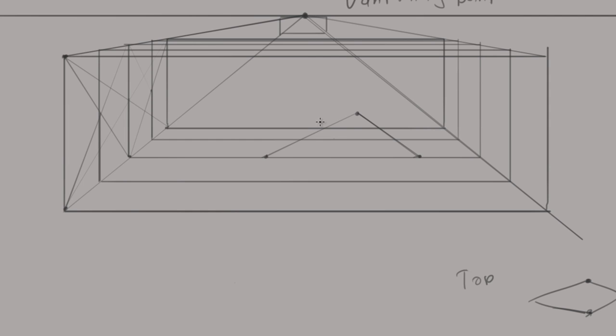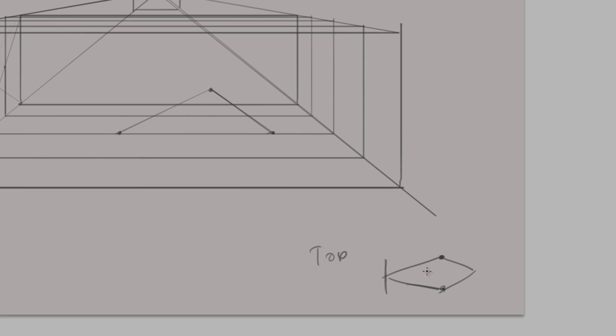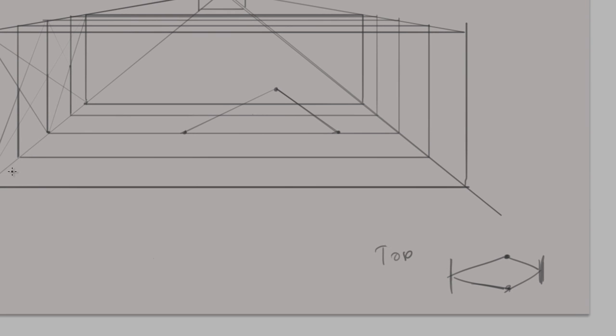Well, the easiest way to know is, as we said, these lines are parallel, and these two lines represent this one in here. Okay, this line is this one in here, and this one and this one, and as we said, these are parallel.